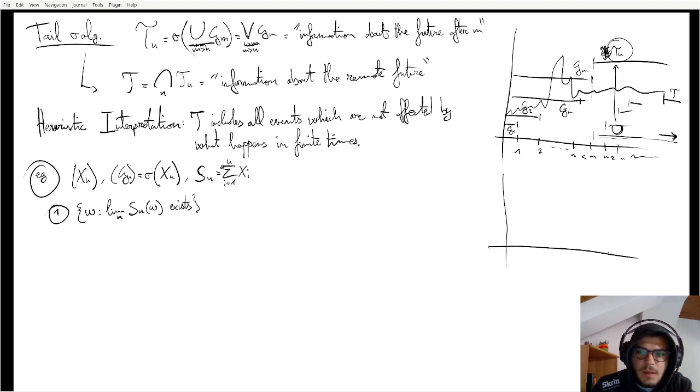For example, X1, X2, etc. We can, for example, consider normal random variables. We start from some random point here. We have an initial distribution.